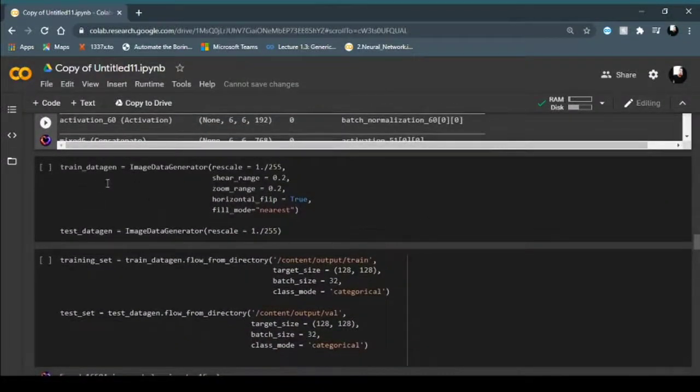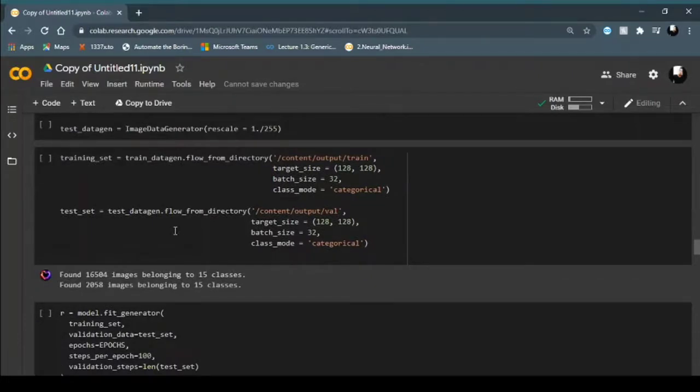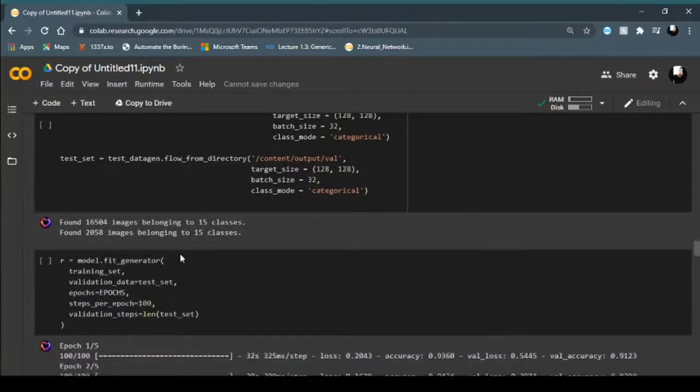Generating the data using image augmentation, zooming, scaling, flipping the data, generating the training set which will be used to fit the model.